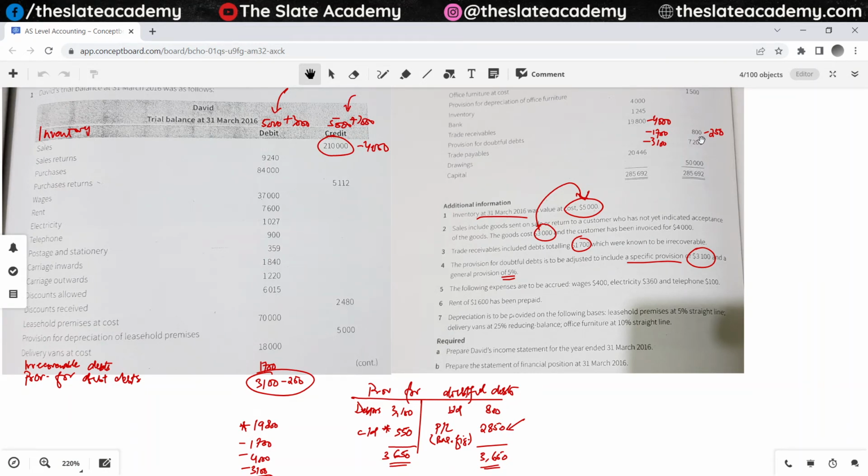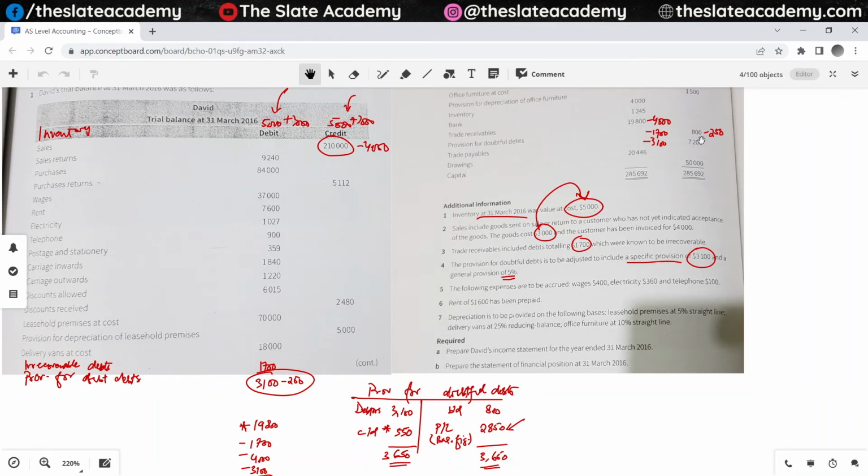Acha, the next transaction, number 5, says the following expenses are to be accrued: wages 400, electricity 360, and telephone 100. So do we already have heads for these? Yes, we have. For wages, how much is to be accrued? 400.